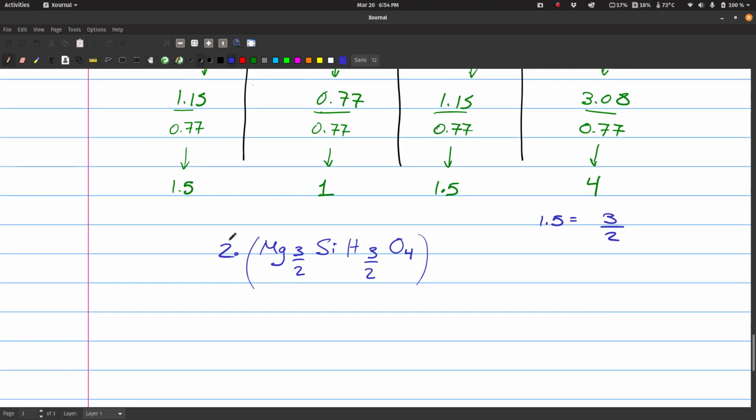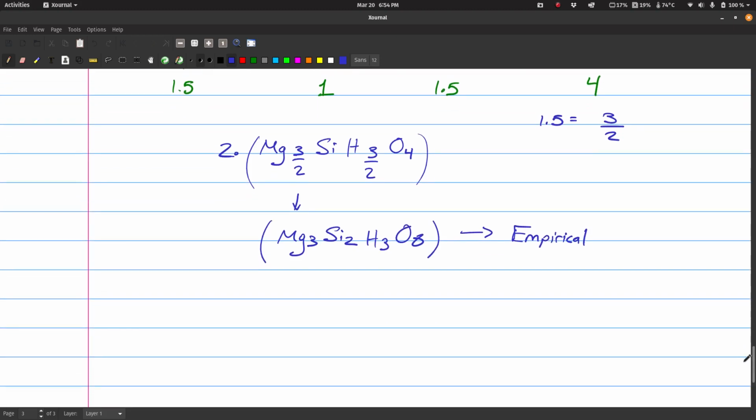But you have to distribute it to here, here, and here. So our final answer for the empirical formula, this is the first part, is going to be Mg3Si2H3O8. So this is our empirical formula.